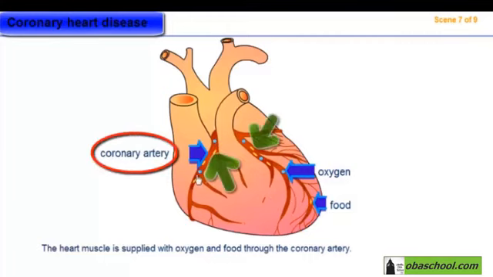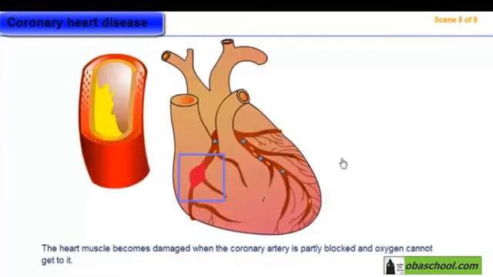So this is the coronary artery, as you guys can see, which supplies the heart muscle with food and oxygen. So the heart muscle becomes damaged when the coronary artery is partially blocked because oxygen will no longer be able to get through and reach the heart muscle.